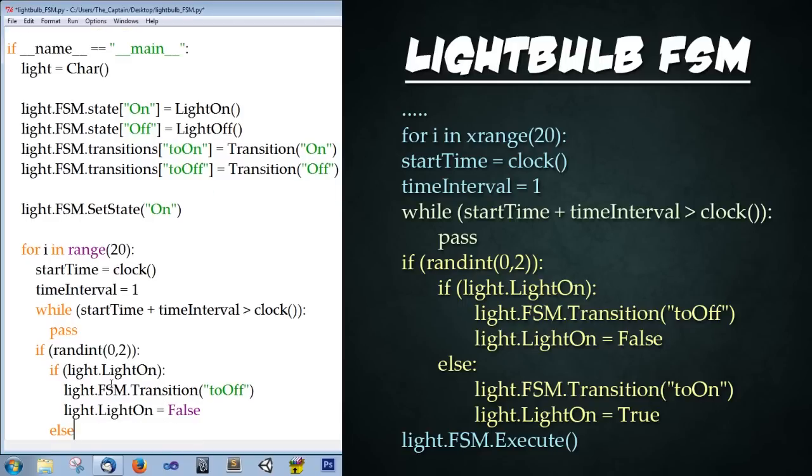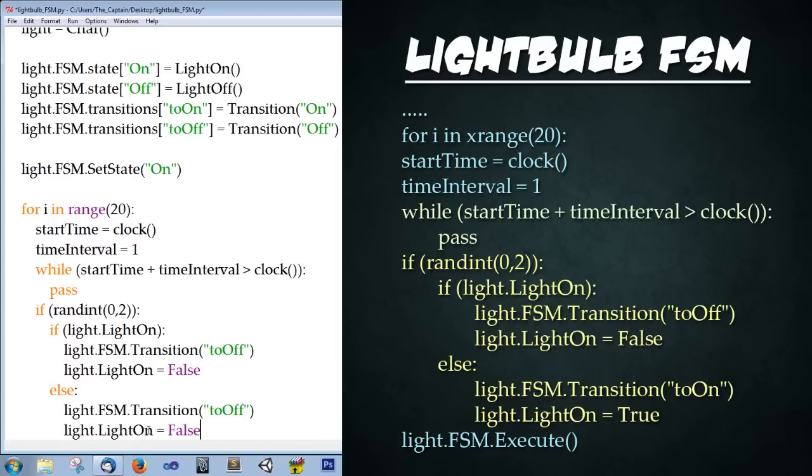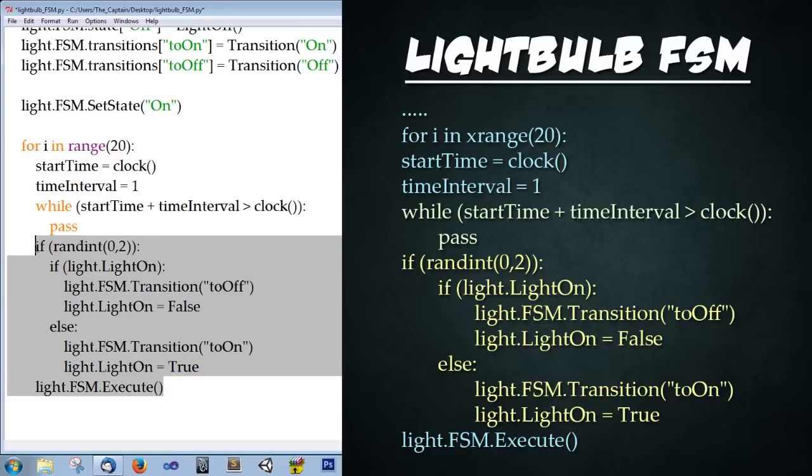And then we're going to type an else statement to reverse it. So let's just copy these lines above because I'm lazy, paste them below, and then we're going to replace this False with True and put to_on right above. Save it, press enter, unindent all the way back down, light.fsm.execute.